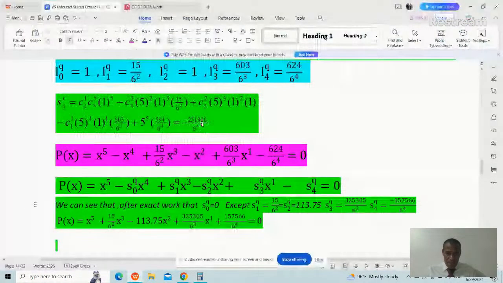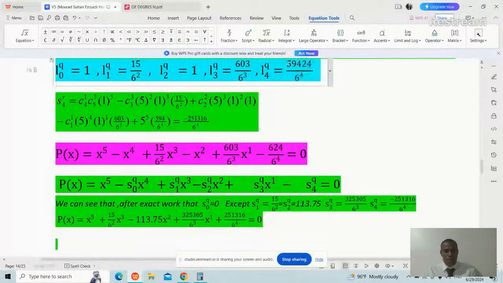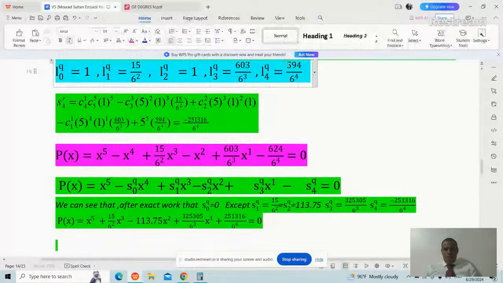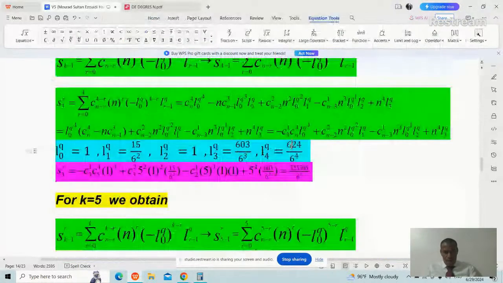It will be this one negative 251 over 360, this is S4, plus 251 over 360. Now of course this is 594. What comes here? 594.